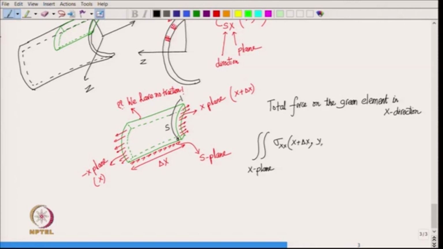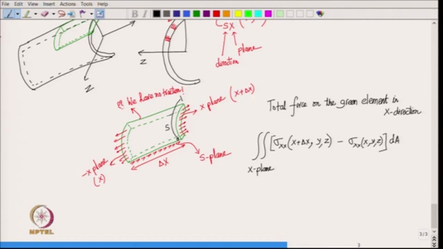So, that will have y and z coordinate, right, minus sigma x x at x comma y comma z, and then this whole thing gets multiplied with dA.